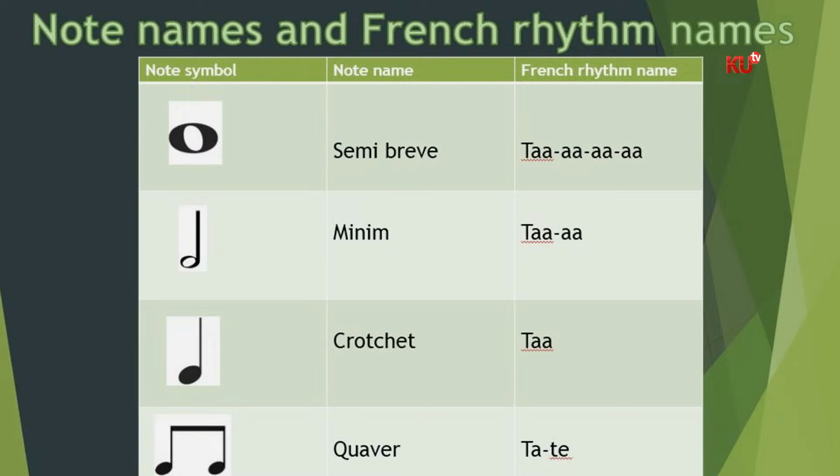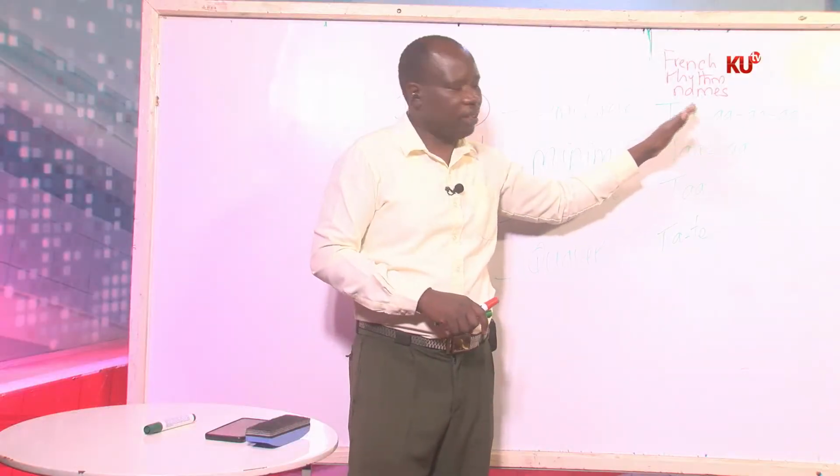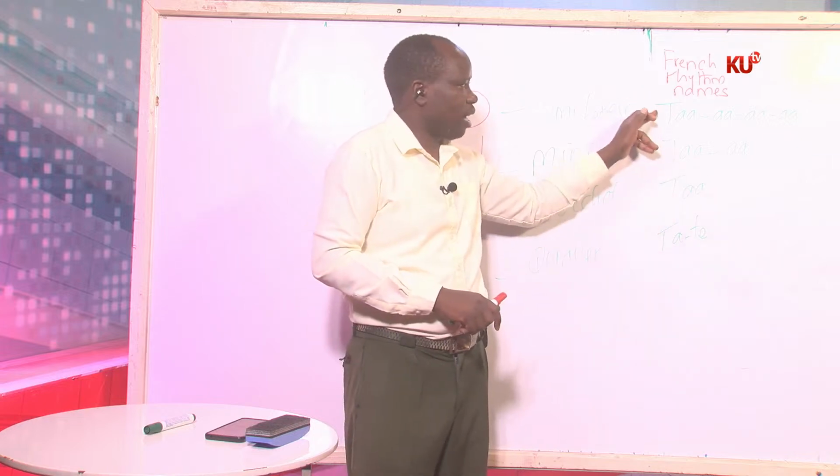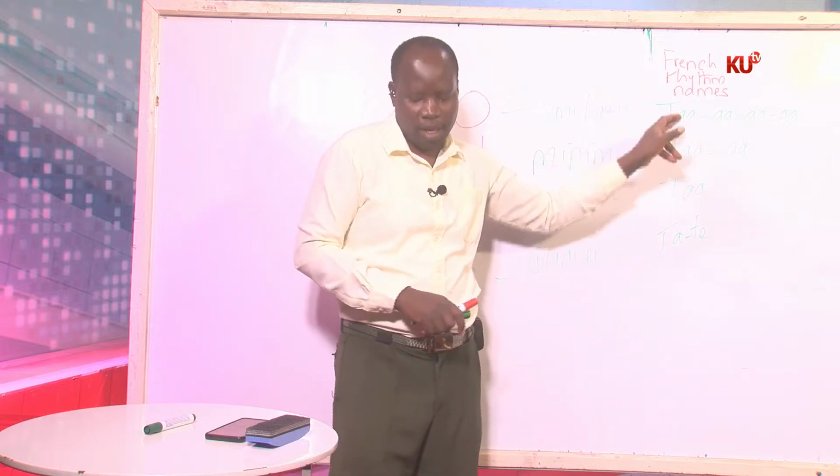So those are our notes, their English or Latin original names, and then the French rhythm names. They are called French rhythm names because they give us the rhythm or the beats or the pace in which a song is sung.